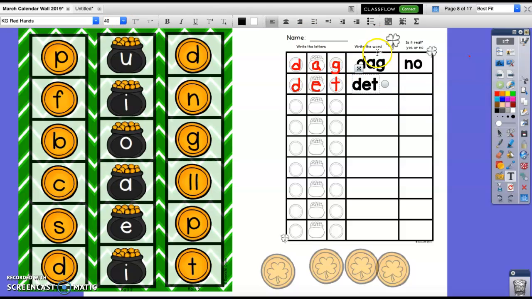D, E, T. Now we're going to sound that word out. D, et, t. Debt. Is that a real or a nonsense word? That's a nonsense word. So we're going to put no, that it is not a real word.